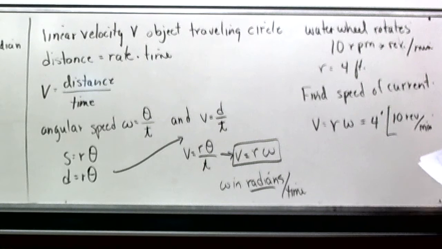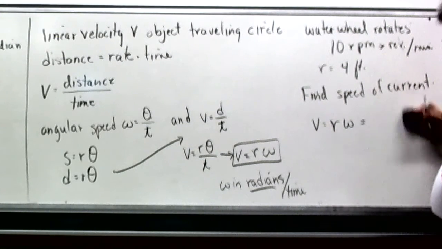Okay. So, well, let's stick it here then, and then we'll move back. So there are 2 pi radians in 1 revolution. Okay. So let's put it down below then.